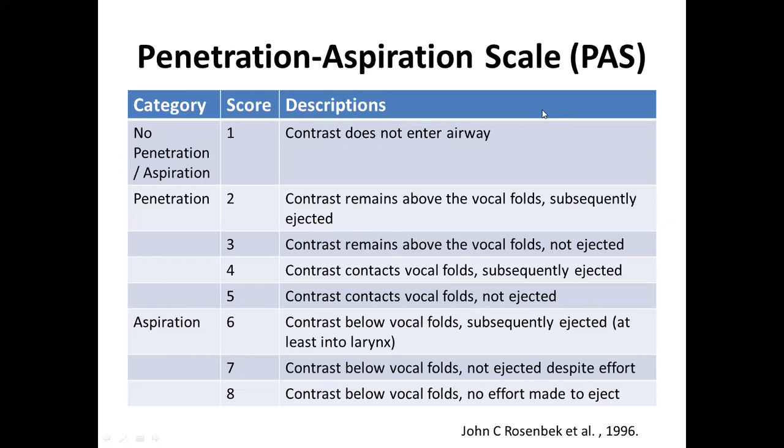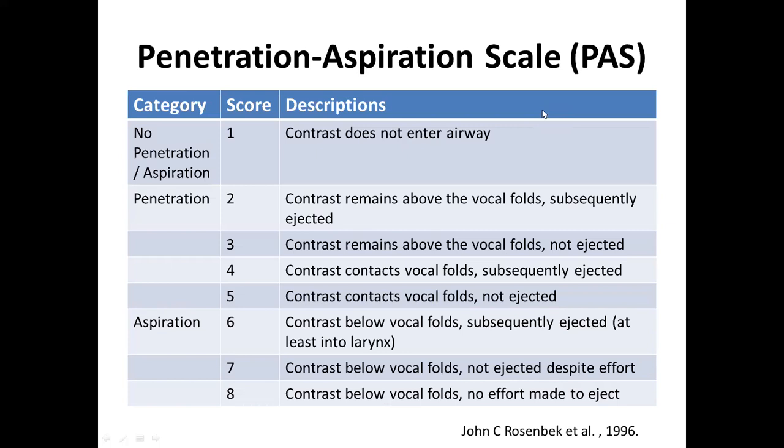The score from 1 to 5 is not aspiration but rather penetration, where 1 means there is no penetration and no aspiration, and the airway is just normal.